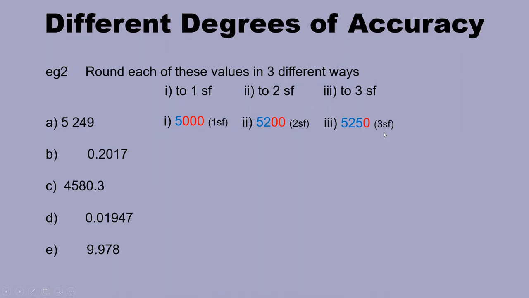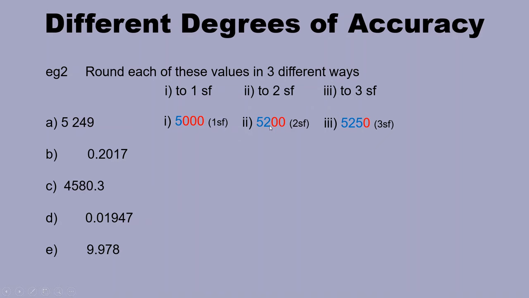Now, had I asked you to round this the other way, so starting with rounding to three significant figures, do not ever round the original value to three significant figures and then round your answer. Because looking at this answer, 5,250, if I were to round this to two significant figures, I've got a 5 and a 2, and after that 2, I've got a 5. 5 is 5 or higher, so that would round this 2 up to make it a 3.